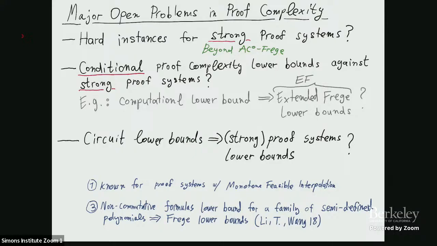And that's why I put here this point: known for proof systems with monotone feasible interpolation, where we use monotone circuit lower bounds to get proof system lower bounds by reduction from a small proof to a small monotone circuit. And because we already know monotone circuit lower bounds by Razborov and others, we get lower bounds. But these are in the regime of the weak proof systems.